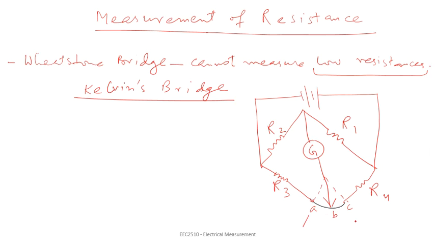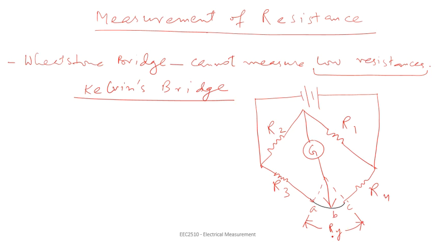Now this part which I have drawn in black represents a resistance which I have denoted by Ry, and it is the resistance pertaining to the contact and lead.